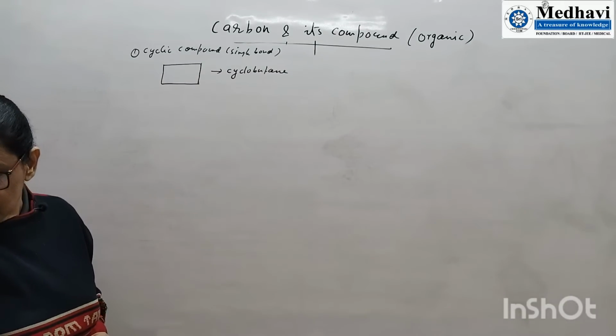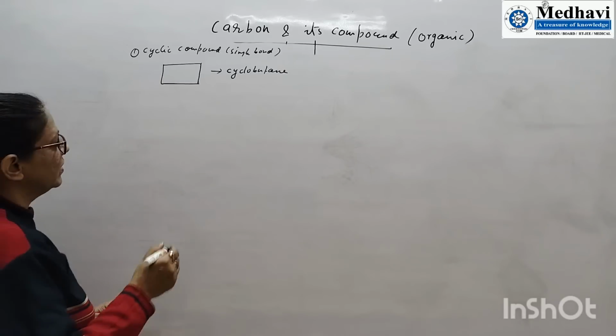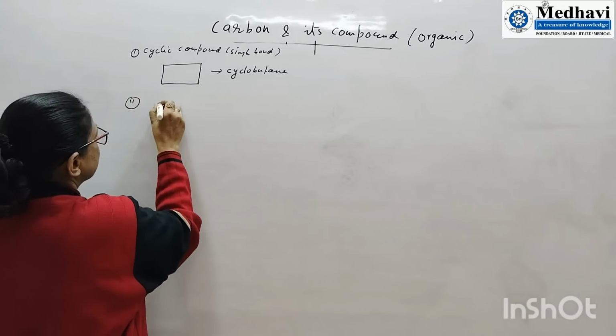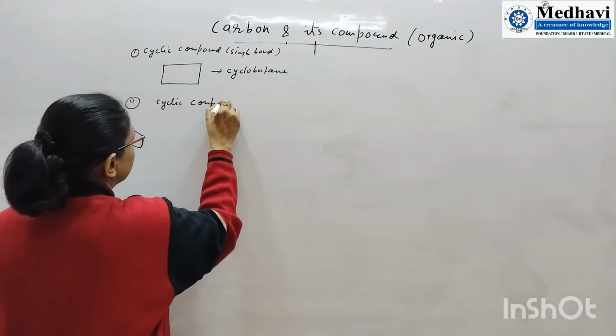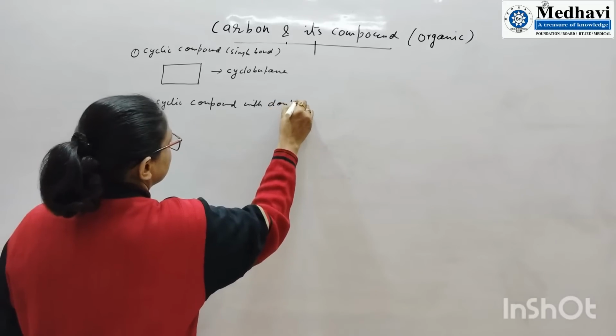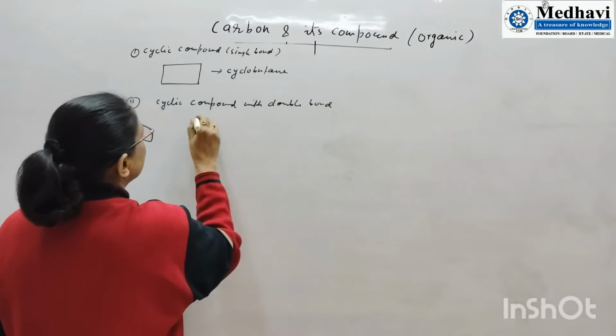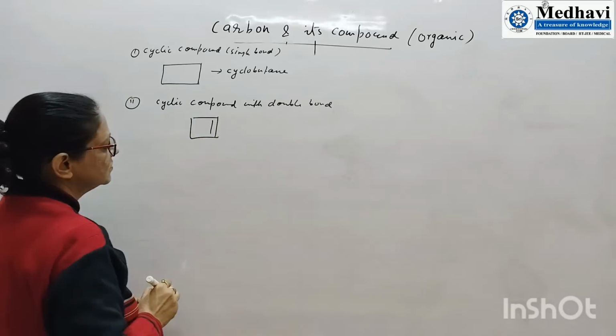Cyclic compound with a triple bond. Sorry, cyclic compound with double bond here. Second is cyclic compound with double bond. So here we can use this.